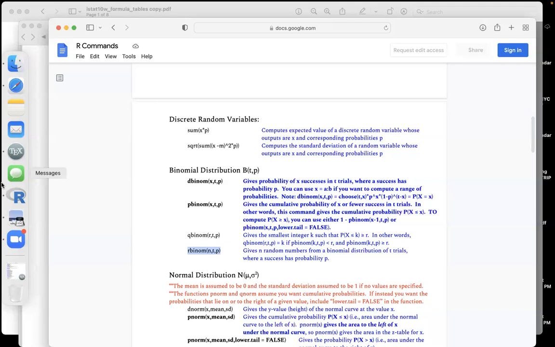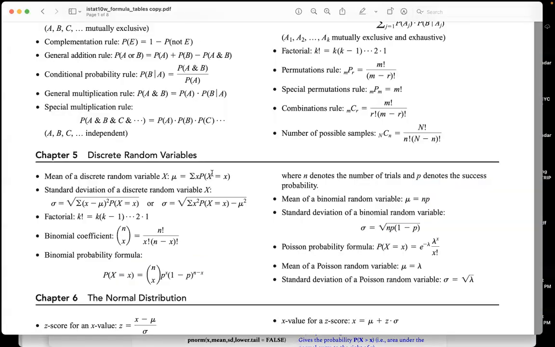The only other things that I want to say about chapter 5 that are going to be relevant for us is that if we look at the chapter 5 formulas, the other things that get used are the mean and the standard deviation of a discrete random variable. So the expected value and the standard deviation of discrete random variables. When you have a binomial distribution, the formulas are very nice and very easy.